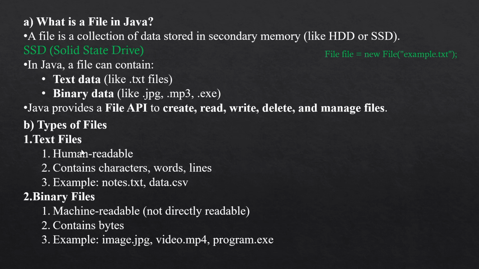Types of files: text files are human readable and contain characters, words, and lines. For example, notes.txt and data.csv are both text files. Binary files are machine readable, not directly readable, like the 0110 that can only be read by machines. They contain bytes. Examples are image.jpg and video MP4, which are only executable by bytes.